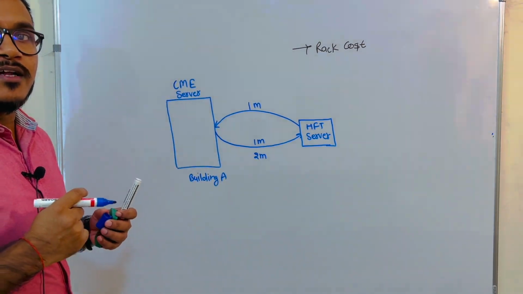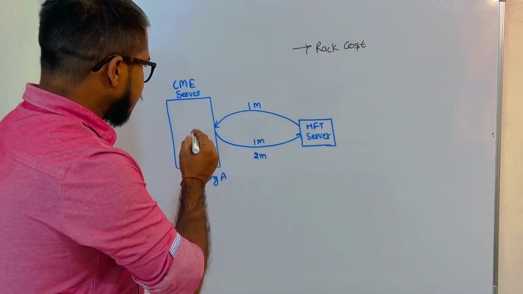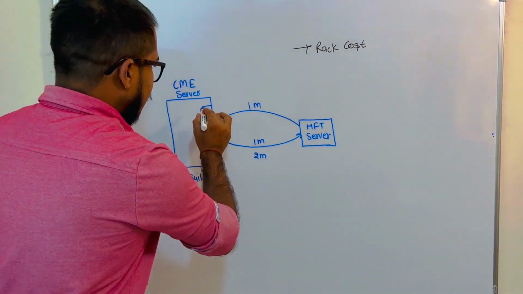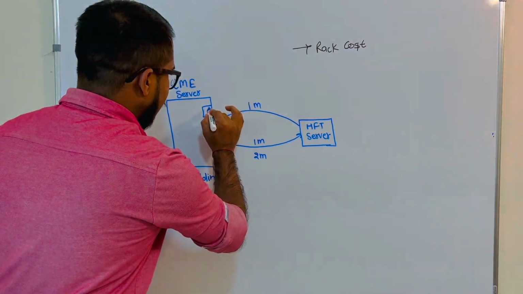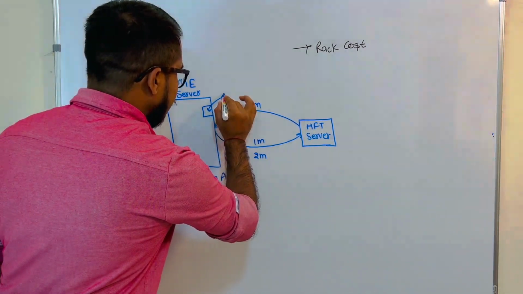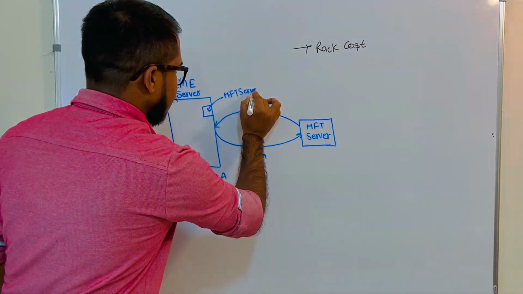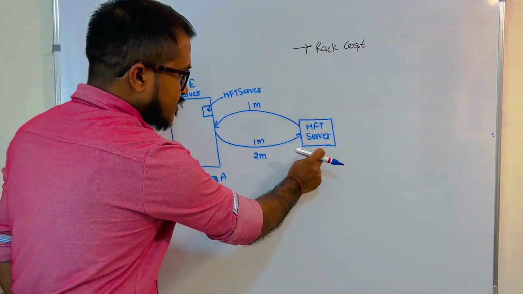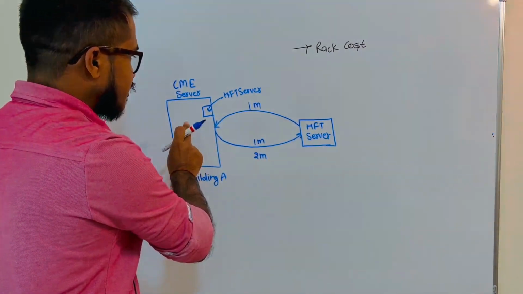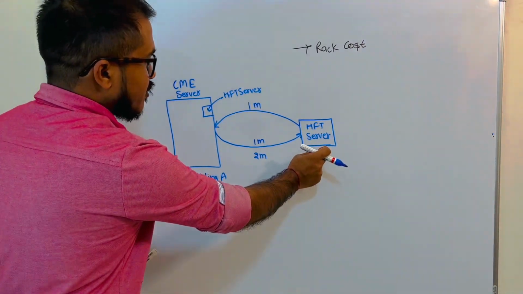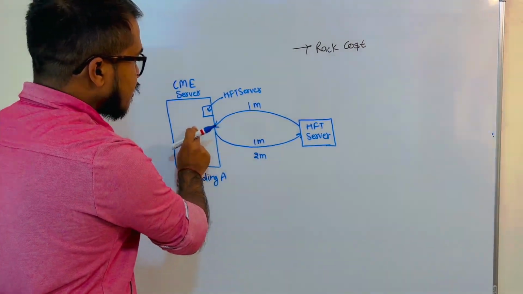So instead of that, what you can do, you purchase one small space here in this same building and set up your server here. So distance from your HFT server to the stock exchange now will be less as compared to if you are setting your server outside this particular building.